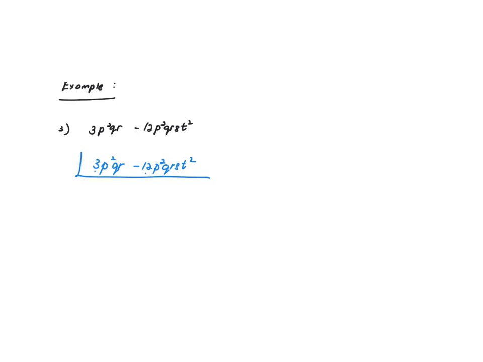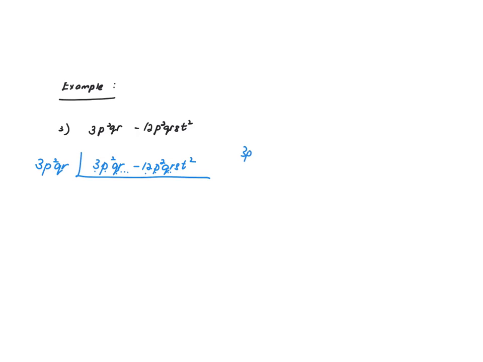So 3 and 12, the highest common factor is 3. We have p squared and p squared over here, so we can factorize p squared out. And we have q and q, we can have q here. And then we have r and r as well, so we can factorize the r out. But I can't factorize s and t squared because there isn't an s and t here, right? So that's all.